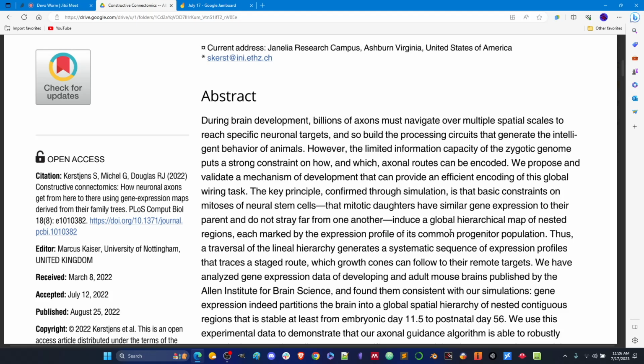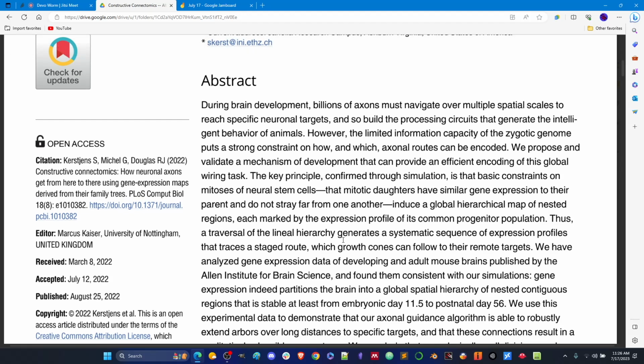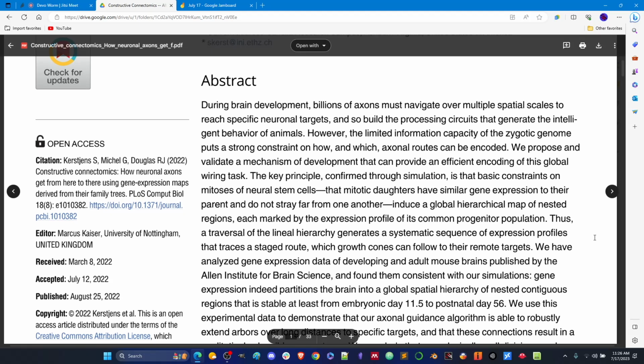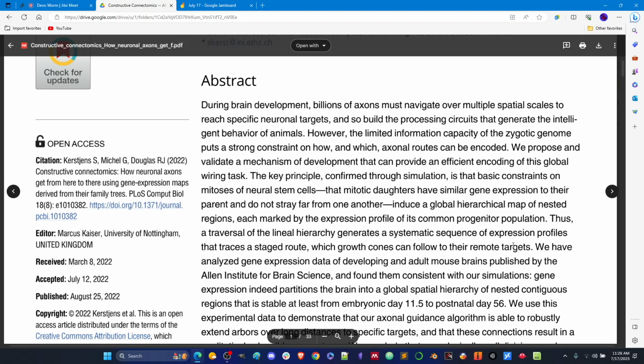And this induces a global hierarchical map of nested regions, each marked by the expression profile of its common progenitor population. Thus, a traversal of lineal hierarchy generates a systematic sequence of expression profiles that traces a staged route, which growth cones can follow to their remote targets. So there's the staged route of cells and their descendants, and this usually happens in space.